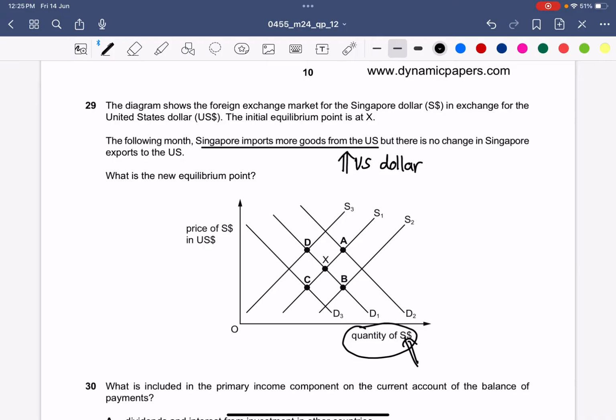Sorry, I should write this one. Singaporeans want to buy goods from the US, they need to buy in US dollar. So this increases the demand for US dollar.